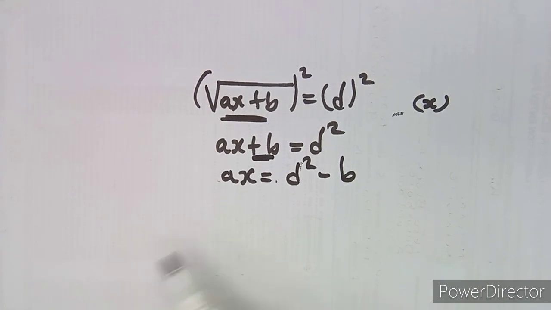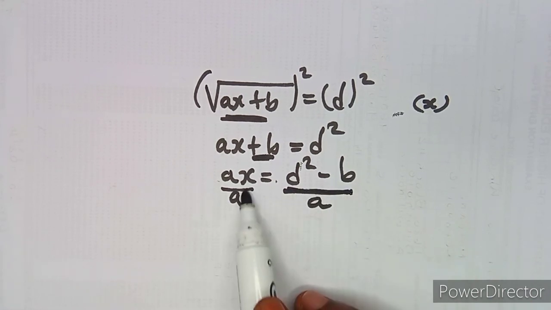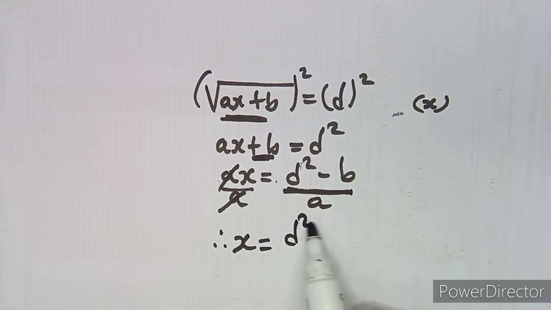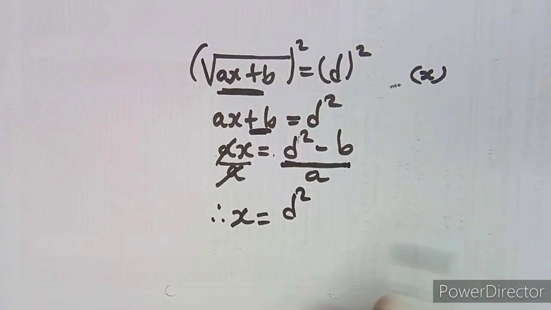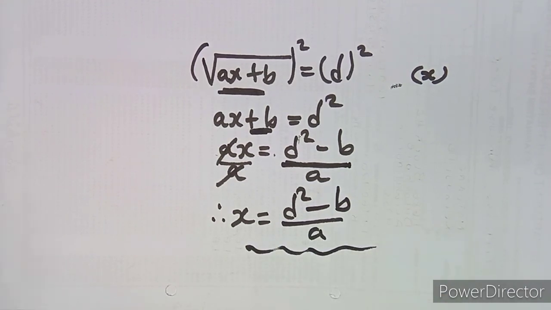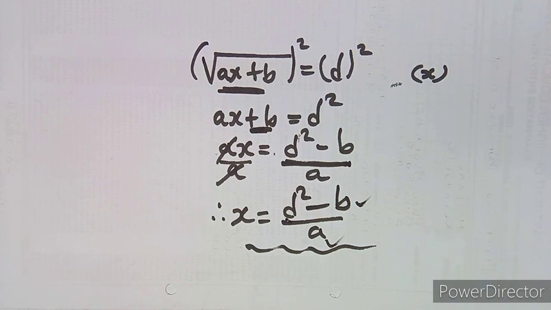It's a, which is multiplying, so you can divide by a on both sides. But the moment you divide, you divide every term. So x is equal to (d squared minus b) over a. In this case, we have made x the subject, or you have written x in terms of a, b, and d. That is to make x the subject of the formula.